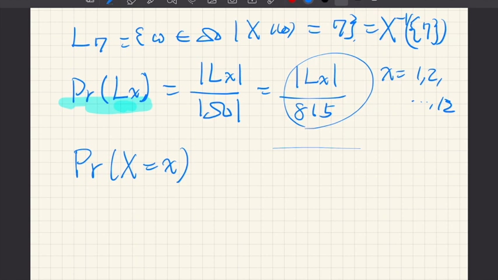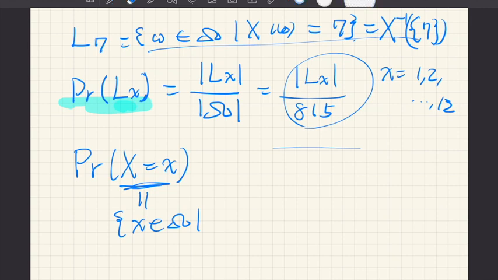Okay, but what this really means is just this. Not X, it's omega. X of omega equals lowercase x. You know, this is the argument of the probability.